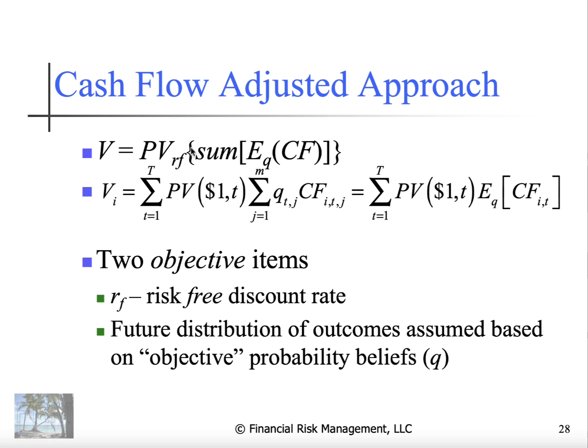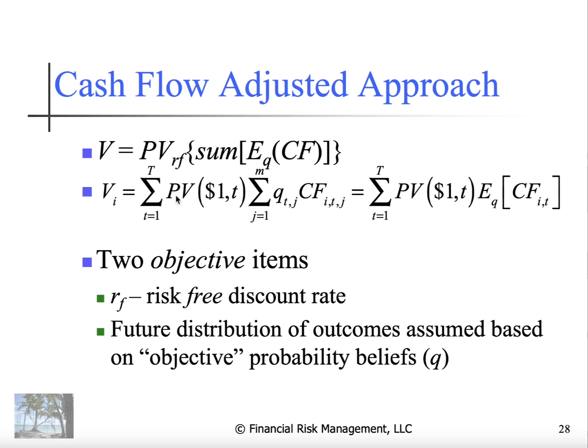Basically, I'm going to sum over these expected future cash flows where the expectation is taken from a fairly objective approach, and then I'm going to discount by the risk-free rate. The way this typically works is I have a state space at each point in time, and I take the likelihood of a particular state occurring at a particular time, and I take its cash flows, I sum across all the states at a point in time, and then I take the present value.